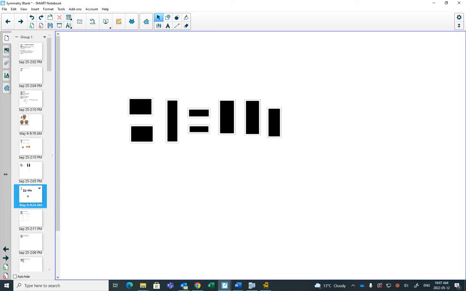Yeah. It looks like a word. It says a word. Can you see the word?